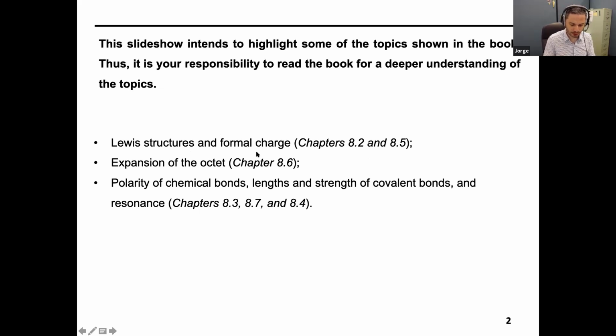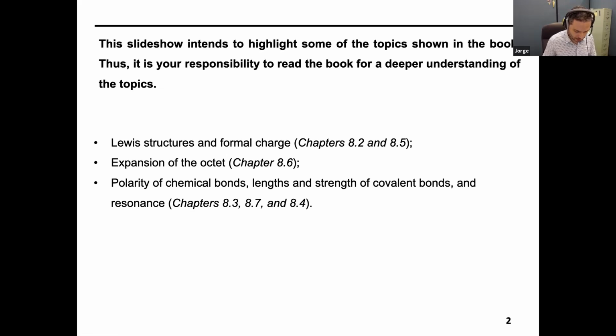So we are going to learn how to connect atoms using covalent bonds. I will talk about expansion of the octet, and then polarity of chemical bonds, length, strength of covalent bonds, and if we get time, cover a little bit of resonance.